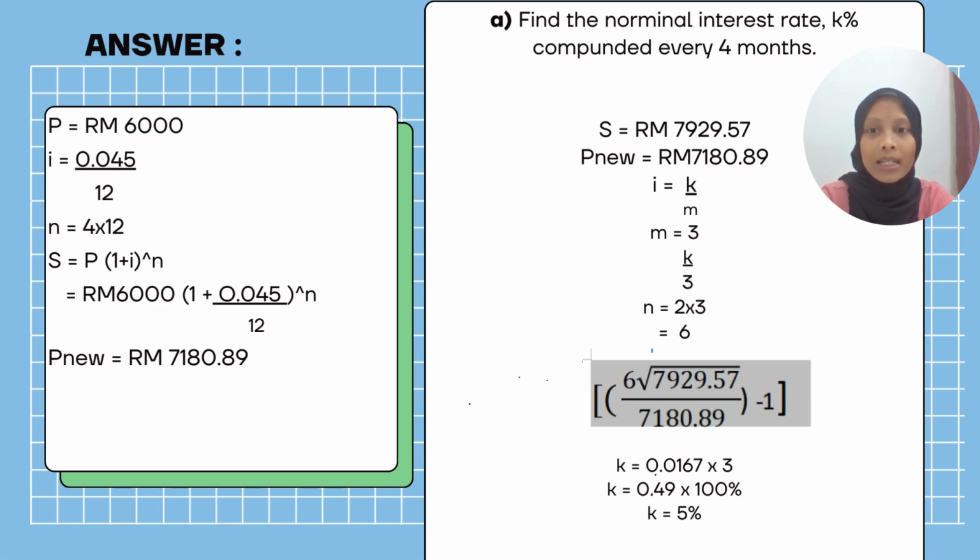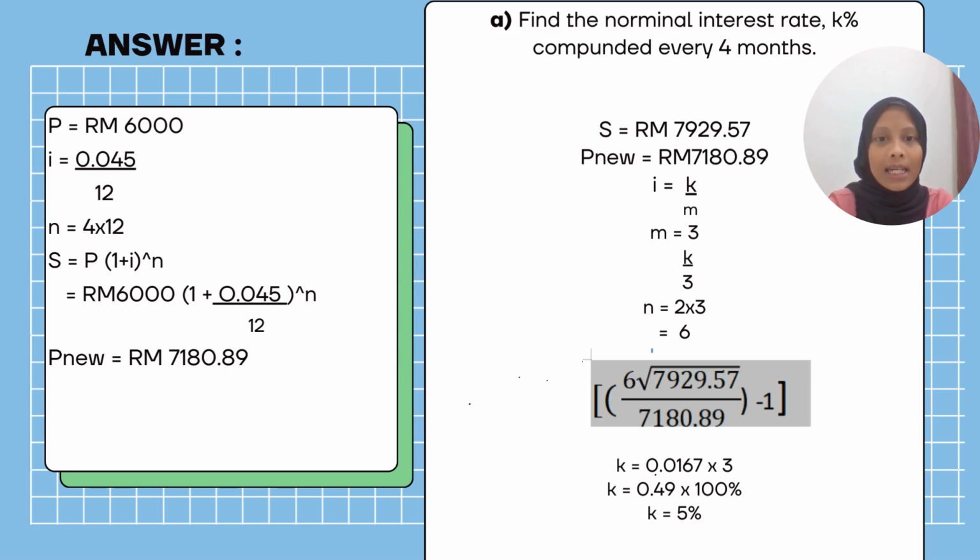S equals P(1 + I) to the power of N. So S equals 6,000(1 + 0.045/12) to the power of N. So we can get the new P equals RM 7,180.89. S equals RM 7,929.57, which is the amount after 6 years. So P new is RM 7,180.89.